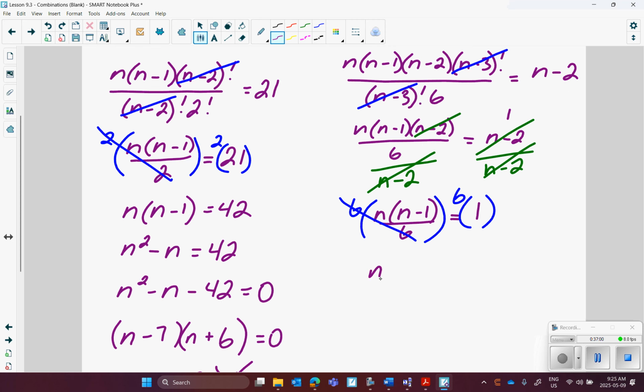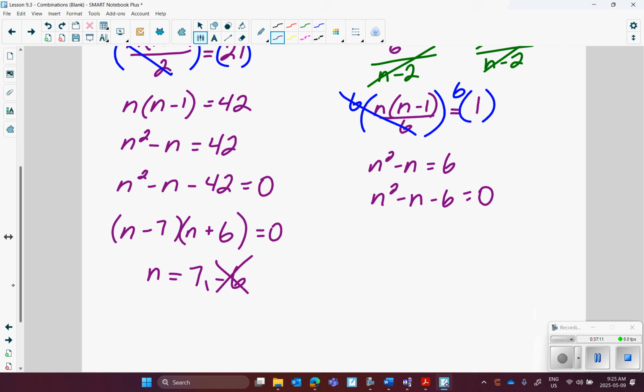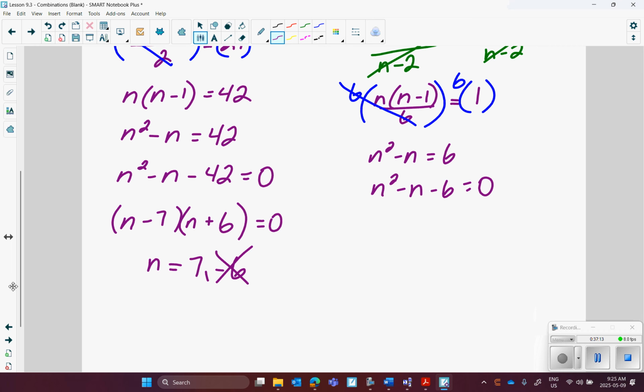Multiply this through and I get n squared minus n equals 6. Bring the 6 over because I have to factor to solve. And I'm going to get minus 3 and plus 2, which means my potential solutions are 3 and negative 2, but it can't be negative. So only 3 is the answer. Okay.